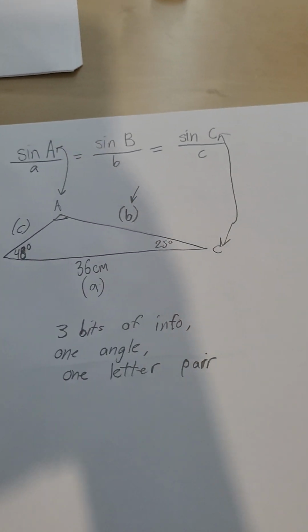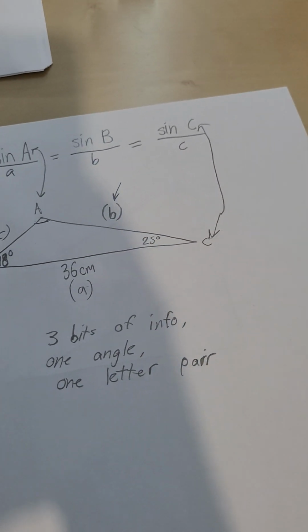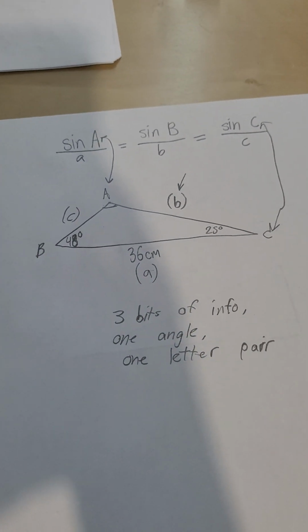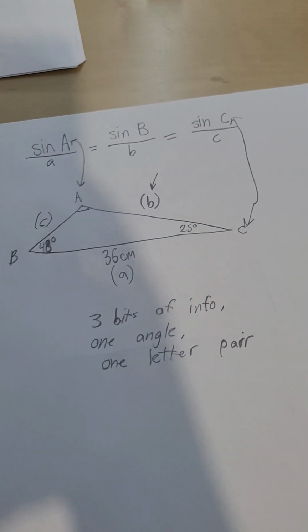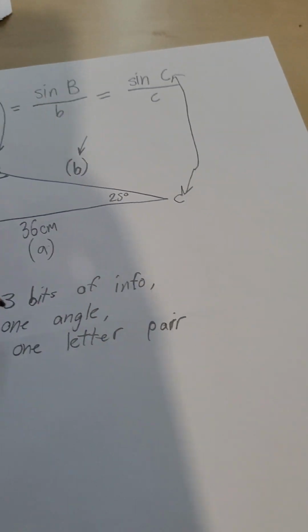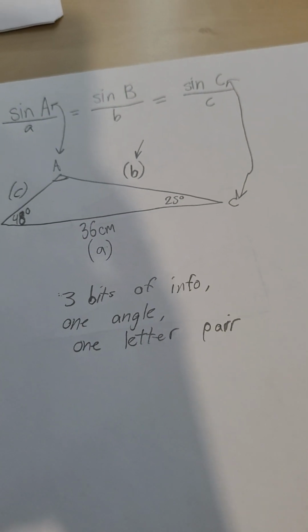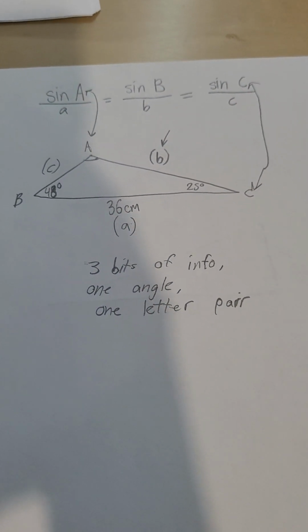And you can't do this if you have 3 sides, because that's just something different. If you have 3 sides, then you definitely don't have any pairs. And you need 3 bits of information because you need at least 1 side. If you know all the angles, it doesn't matter because the sides could all be different, right?